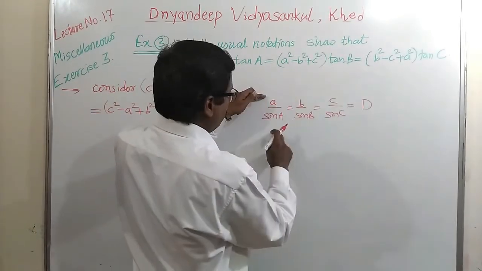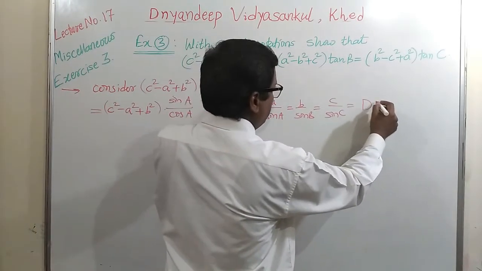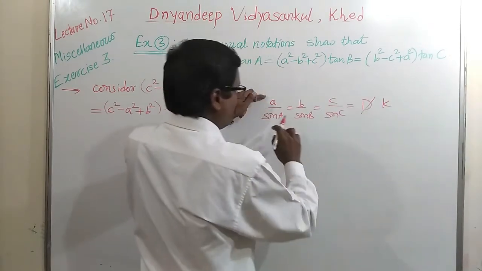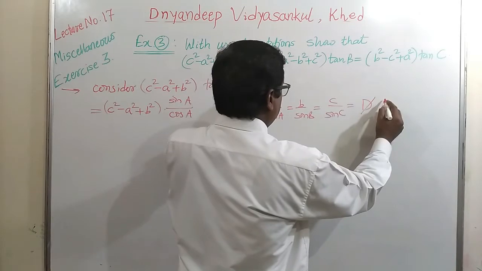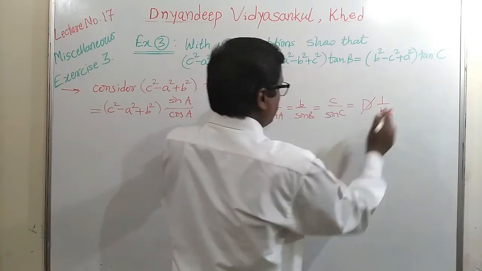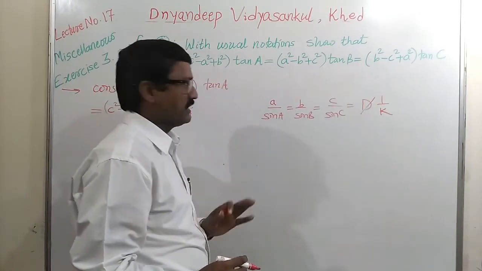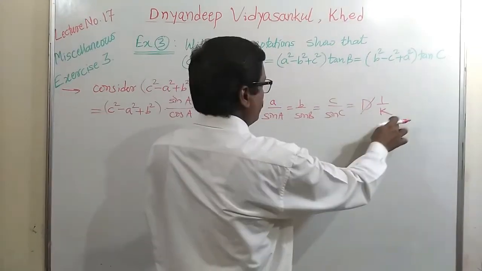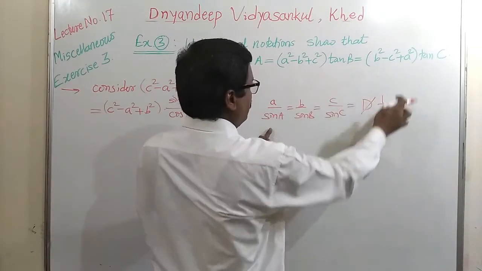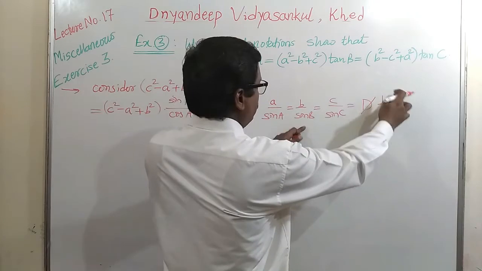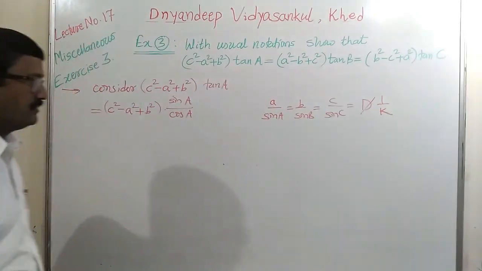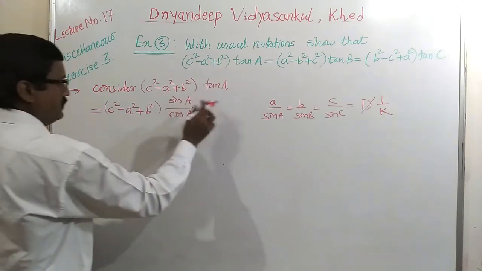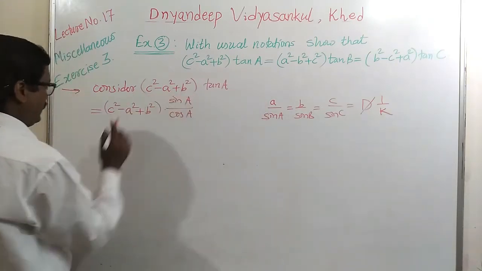Here we can take a constant k, or instead of this we can write the constant as 1 upon k also. Any constant we can take here. Suppose the constant is 1 upon k. Then we get sin A equal to aK, sin B equal to bK, sin C equal to cK. Therefore, I will use sin A equal to aK here.